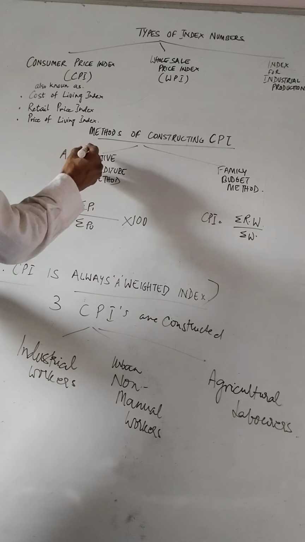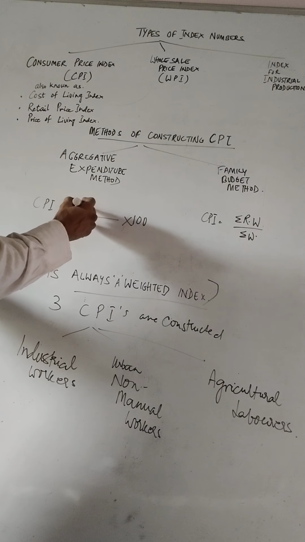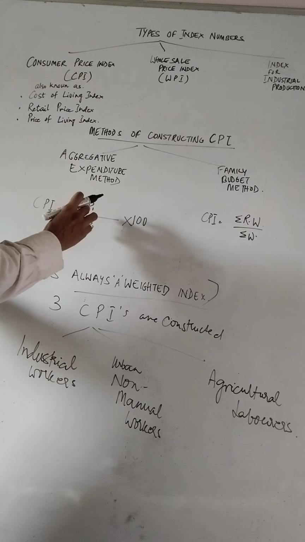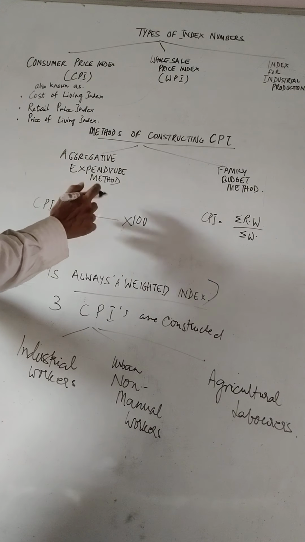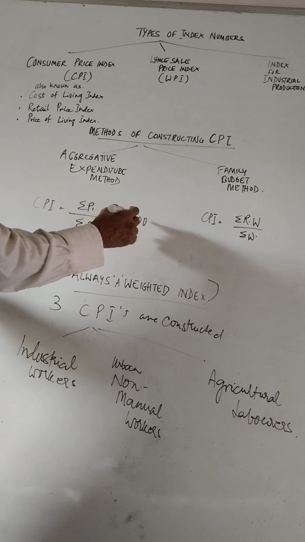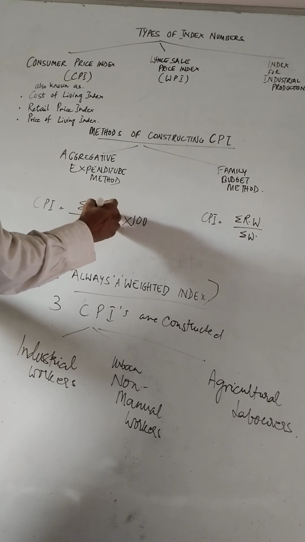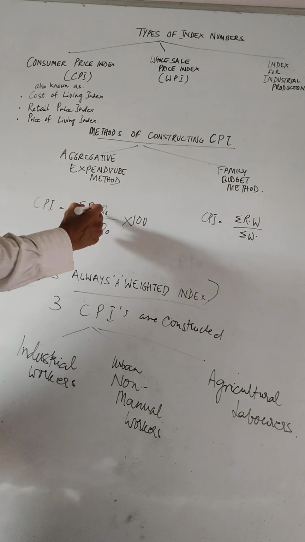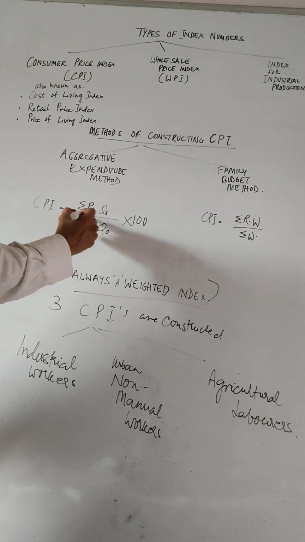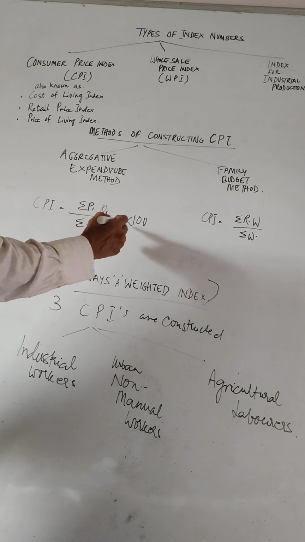Consumer price index by the aggregative expenditure method is sigma P1 upon P0 into 100, and let's put the weights Q0. So it is sigma P1 Q0 divided by sigma P0 Q0 into 100.